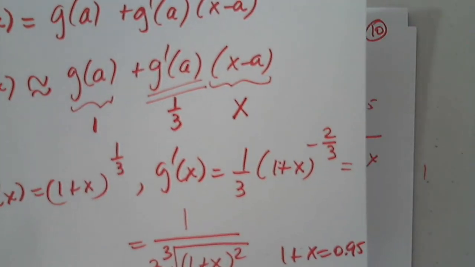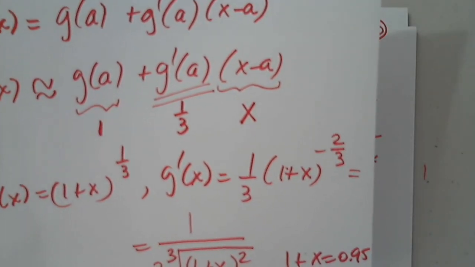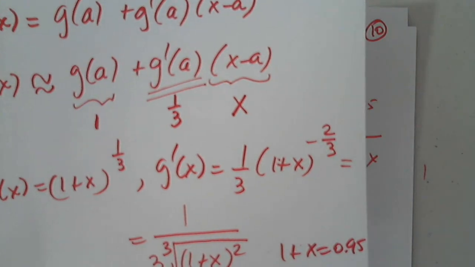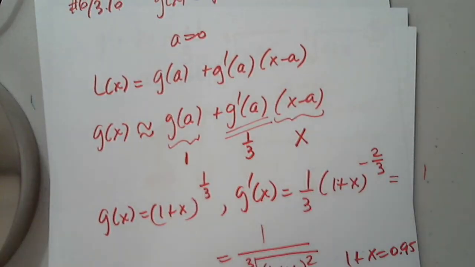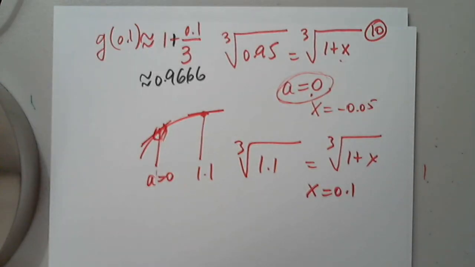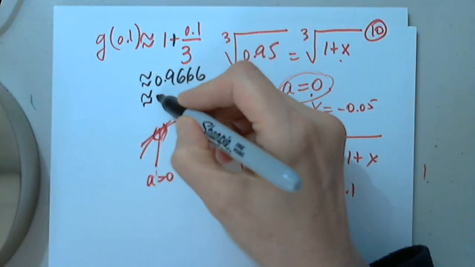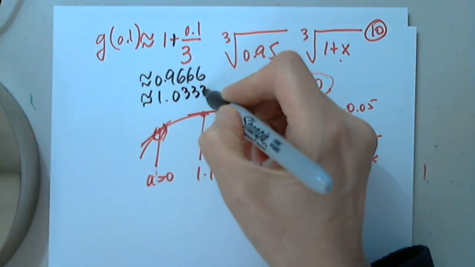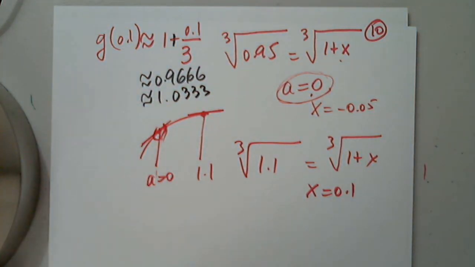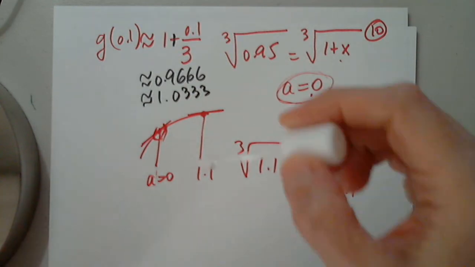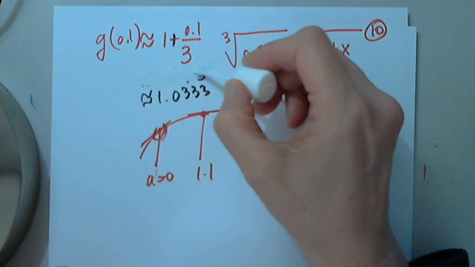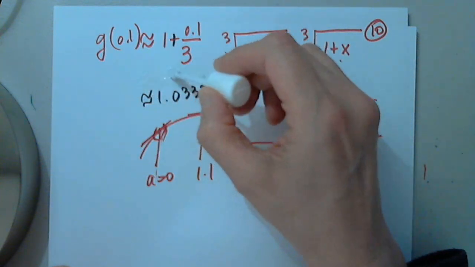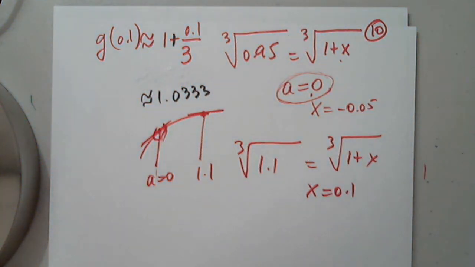Okay, so let me go back. So 1 plus 0.1 divided by 3 is, let me correct that, approximately 1.0333. And now we're going to check the cube root of 1.1, just to make sure. I'm just whiting out the other number because it was positive.